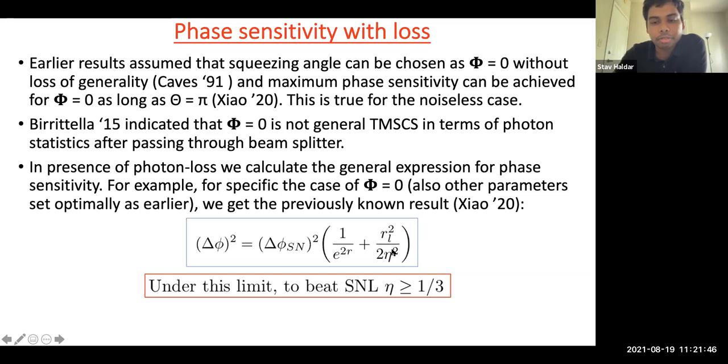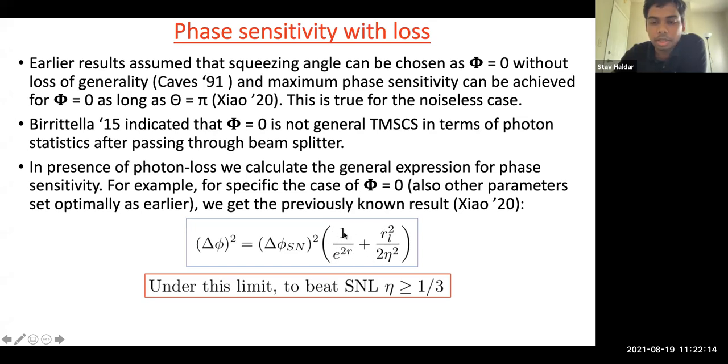Then in the case of a loss factor of eta, and this RL square is just 1 minus eta square, you get that your phase sensitivity as a ratio of delta phi shot noise is enhanced by this factor. And you can essentially see that when you want to beat the shot noise limit, you want the factor in the bracket to be greater than 1, right?